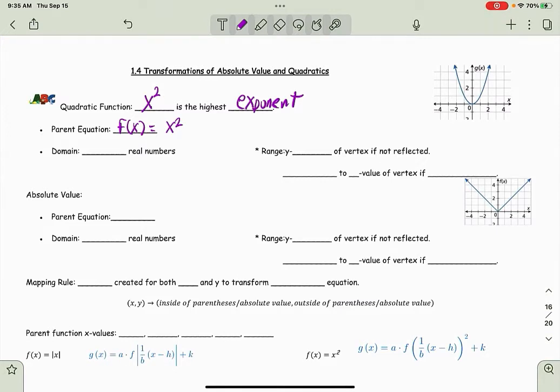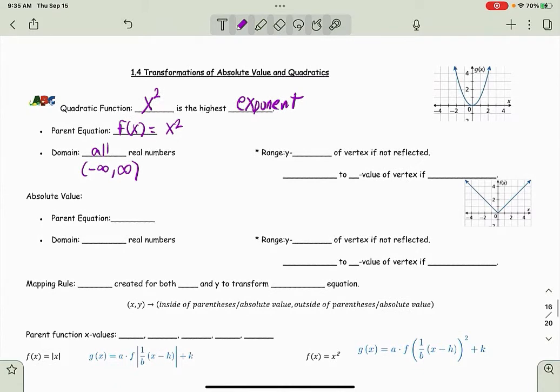The domain is all real numbers, and of course we can write that in interval notation. The range, or the y values, are from the vertex all the way to infinity, and that's assuming it's not reflected. Again, we're talking about the parent function. If it is reflected, then the y values will go to negative infinity.